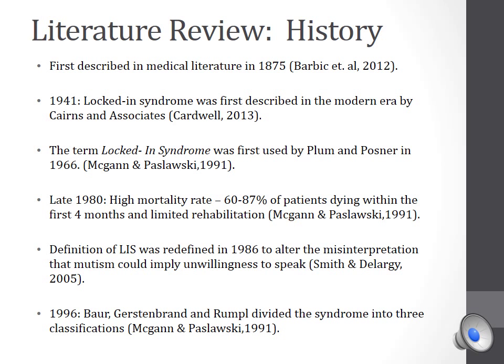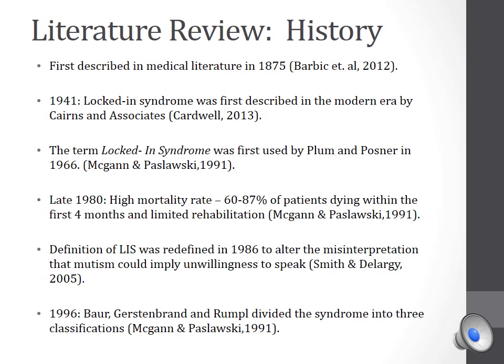Locked-in syndrome was first described in the modern era by Carnes and Associates in 1941 when describing the case of a 15-year-old girl who had a tumor in the third ventricle that resulted in similar characteristics to locked-in syndrome. The term locked-in syndrome was first used by Plum and Posner.